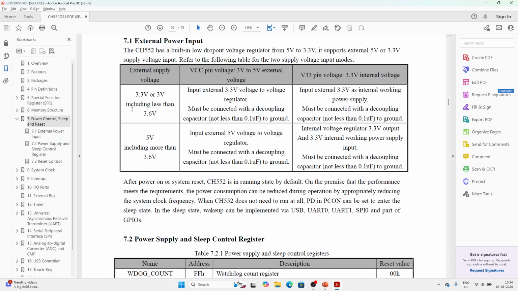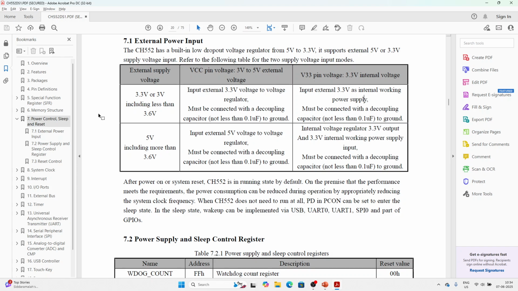So what we need to take out of this particular table is, if my supply is less than 3.6 volts, then we need to have an external LDO which can convert that particular power supply to 3.3 volts, and that needs to be pushed back onto the 3.3 volt pin, that is pin 15, pin 16 of CH552G.